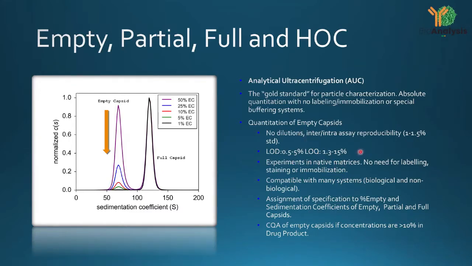In my hands, I can get LODs at 0.5 to 5%, and then you just multiply that by 3.3 to get your LOQ. There are no modifications or buffers. You are seeing your sample in its purest form at a higher volume than some of these other techniques that you have. So you can also figure it out from just the partial.